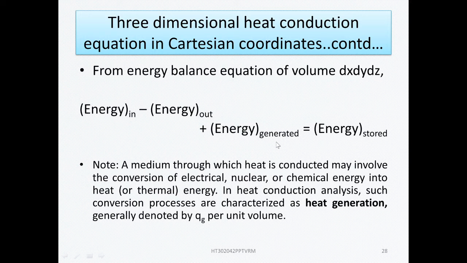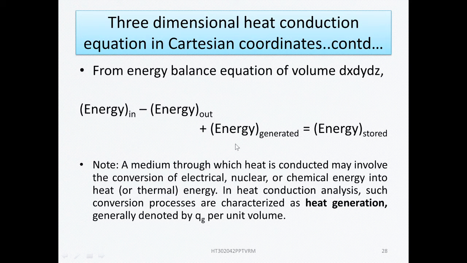Energy generated is because of the nature of the material. You can see the note here. The medium through which heat is conducted may involve the conversion of electrical, nuclear or chemical energy into heat or thermal energy. In heat conduction analysis, such conversion processes are characterized as heat generation.